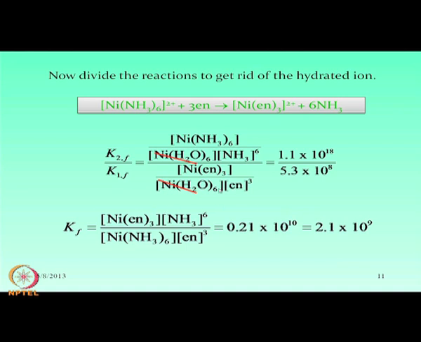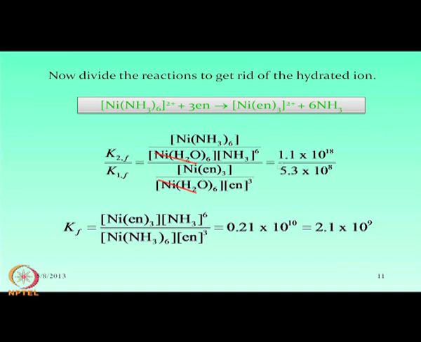So, in these two steps, that means this was the first one, if we just get the values for the formation of these, that means the corresponding values for this K2 and the corresponding K value for the K1 for the amine complex and the ethylene diamine complex, both of them are forming from the aqua complex.